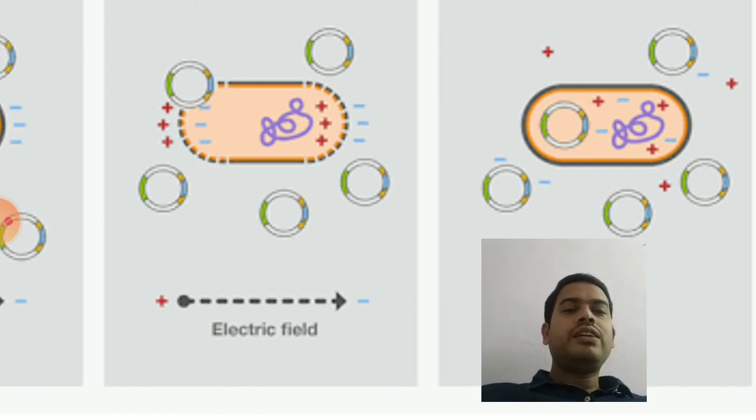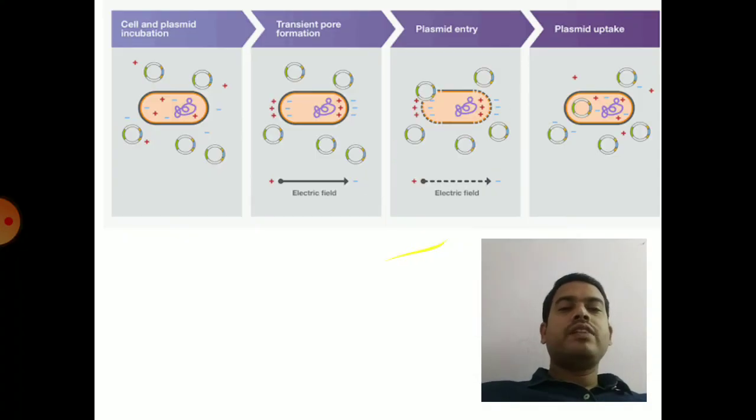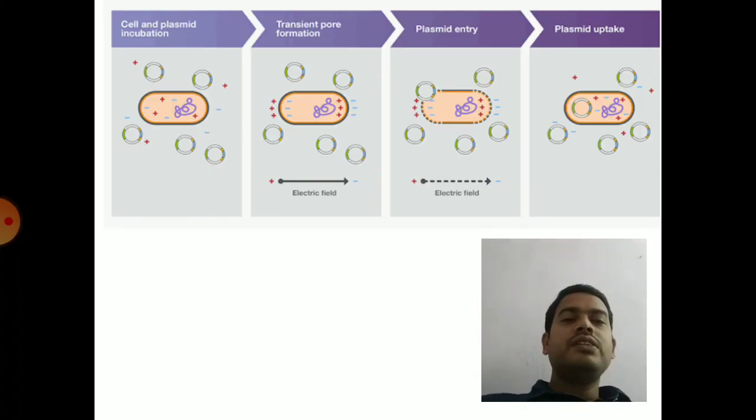So you are using electric shocks to make pores in the biological plasma membrane where your foreign DNA will be taken into the cell. The disadvantage of this method is the electric shock treatment should be given at very low temperatures and ambient conditions. Otherwise, there is a chance of death of the host cells. So that is how you use the transfer of plasmids by using electric field.